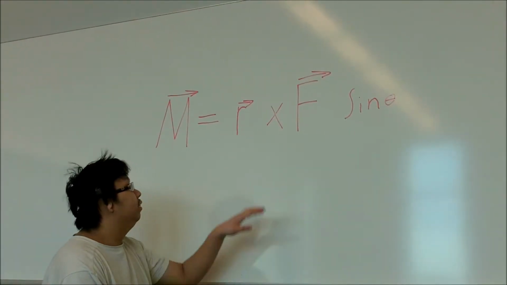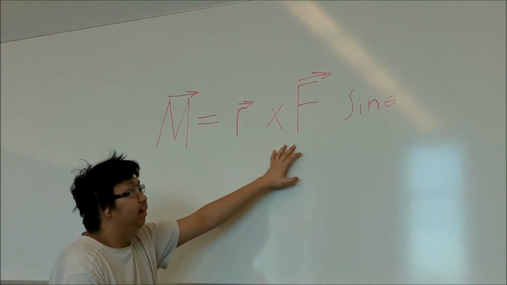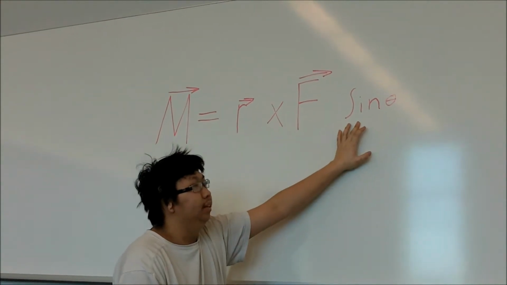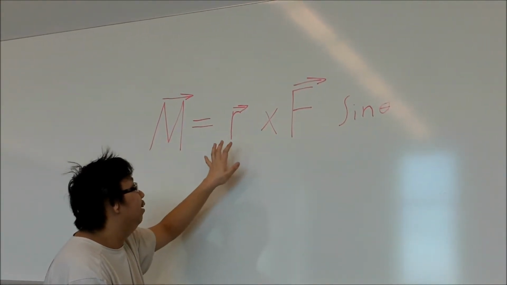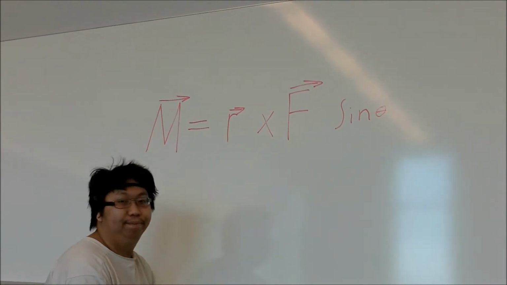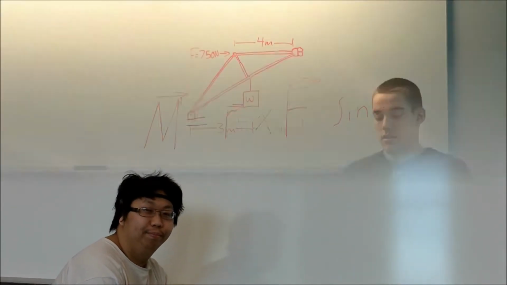If the vectors R and F are perpendicular, then sine theta equals 1. So therefore, all you have to do is multiply R times F to get the moment.